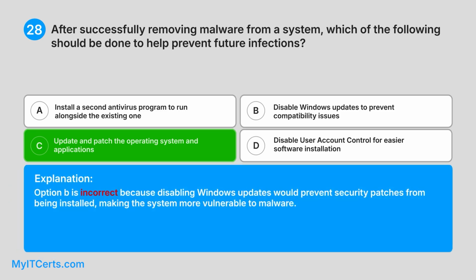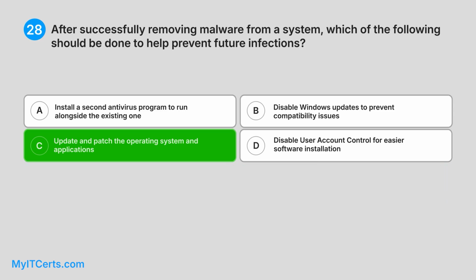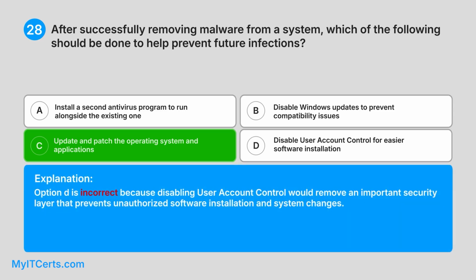Option B, disable Windows updates to prevent compatibility issues, is incorrect because disabling Windows updates would prevent security patches from being installed, making the system more vulnerable to malware. Option D, disable user account control for easier software installation, is incorrect because disabling user account control would remove an important security layer that prevents unauthorized software installation and system changes.